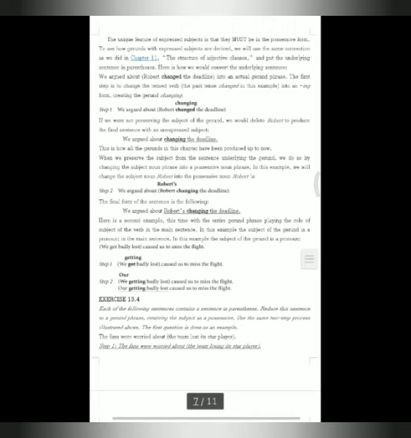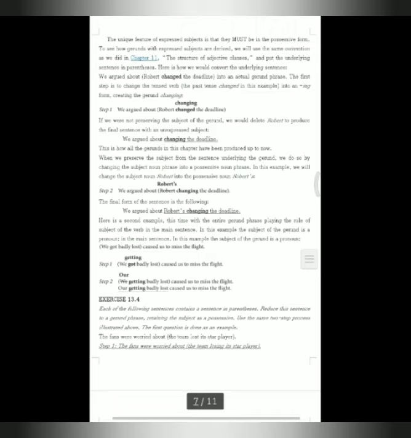We got badly lost, caused us to miss the flight. Step 1. We getting badly lost caused us to miss the flight.